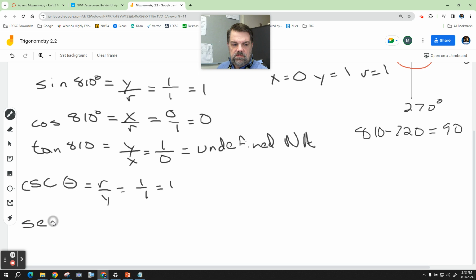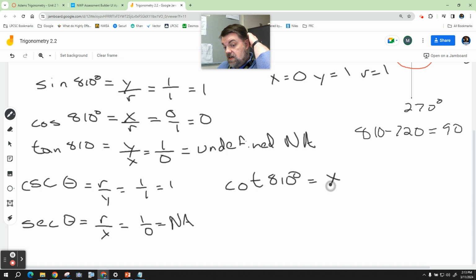Secant is equal to r over x, which is just 1 over 0, which is undefined, which is NA. And then over here I'll write cotangent. Cotangent of 810 degrees is equal to x over y, which is just 0 over 1 or 0. What do you guys think of that?